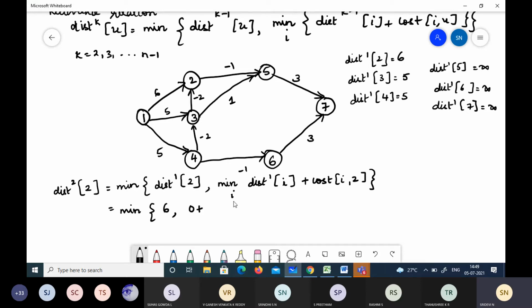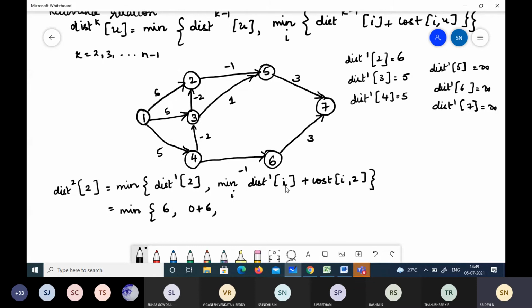I is varying from 1 to 7, all 7 vertices. We have 7 vertices, so we'll vary I from 1 to 7. So when we start, this becomes 1 to 1. The distance from 1 to 1 is 0. There is no self loop here, and hence it is 0, plus the cost of I comma 2, that is 1 comma 2. What is 1 comma 2? 6.